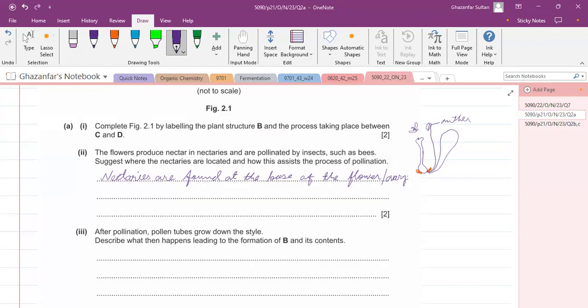So when the insect tries to reach the nectaries, it might touch the stigma of the flower. So the pollen grain can be transferred or landed over the stigma.